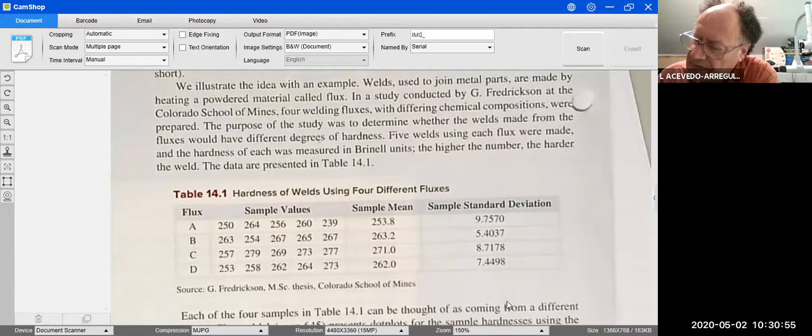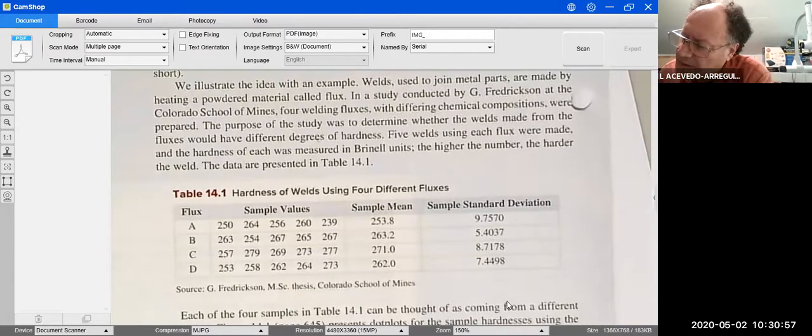The purpose of the study was to determine whether the welds made from the fluxes would have different degrees of hardness. 5 welds using each flux were made, and the hardness of each was measured in Brinell units. The higher the number, the harder the weld, and the data are presented in table 14.1.